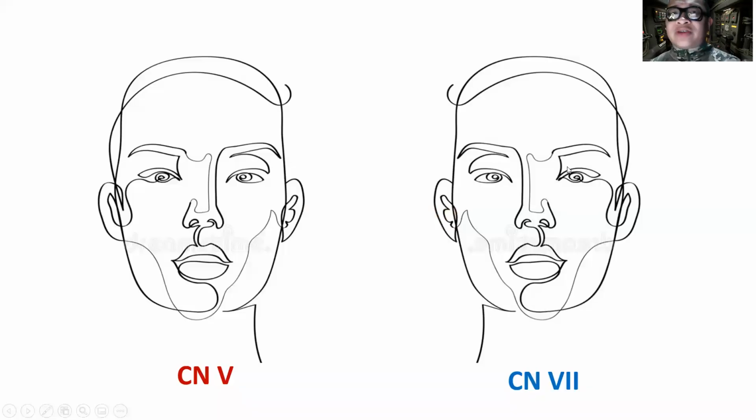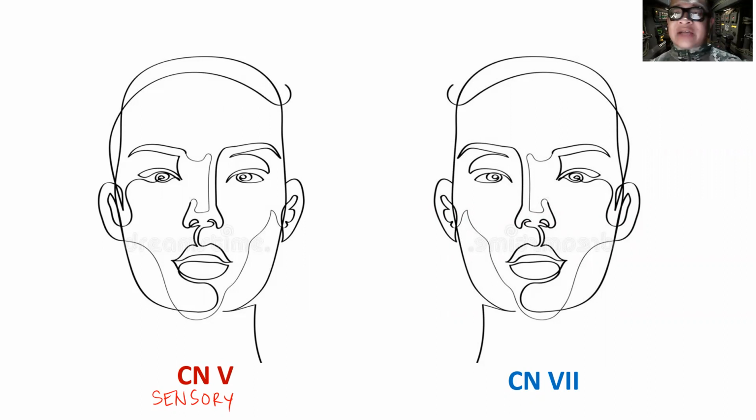Okay, now let's talk about cranial nerves 5 and 7 first, because basically they are sort of mirror images to one another. Now, when it comes to the face, remember, when you're talking about cranial nerve 5, you're talking about mainly sensory function of the face. Cranial nerve 5 and 7 are both mixed nerves.